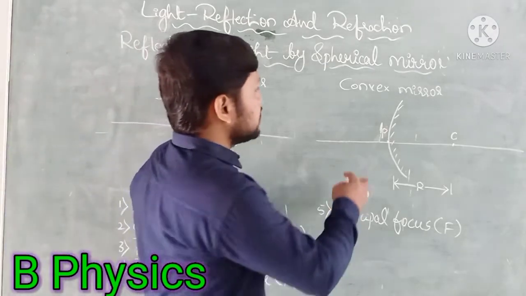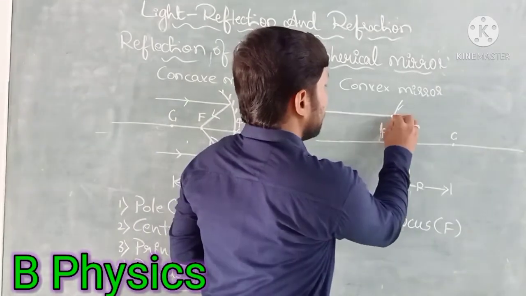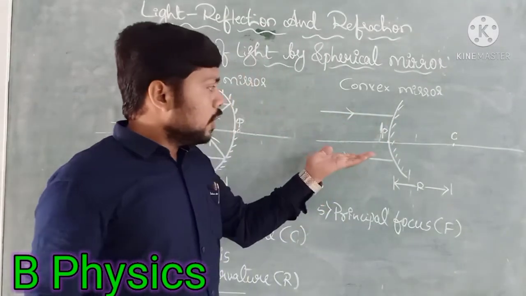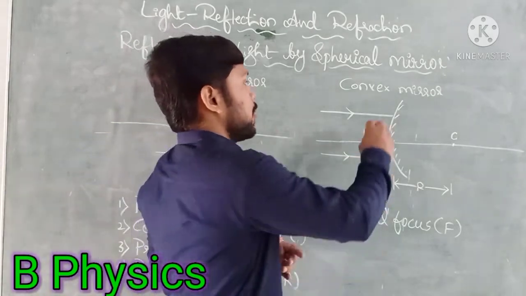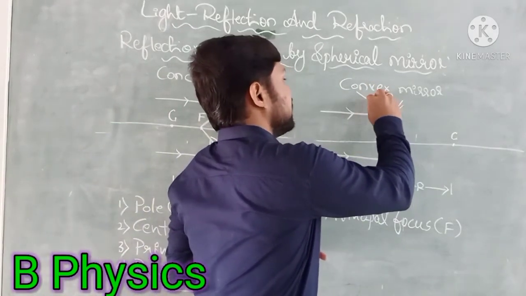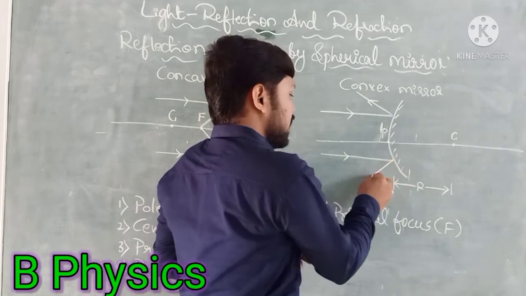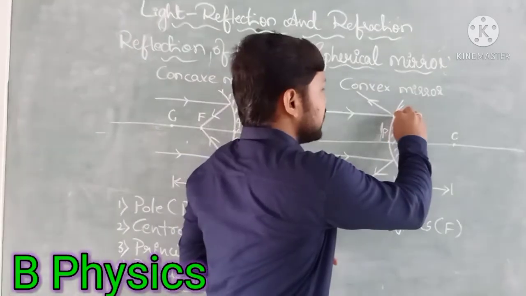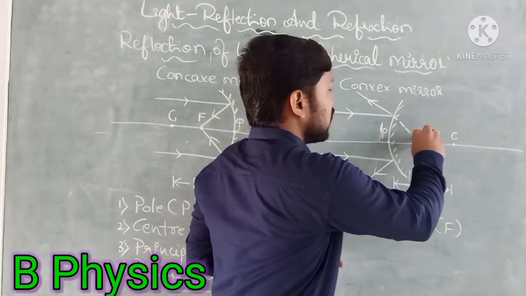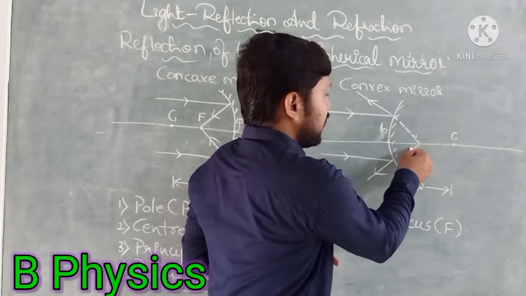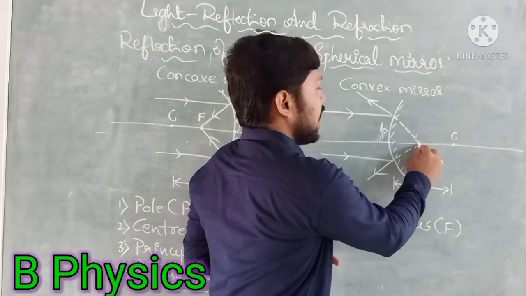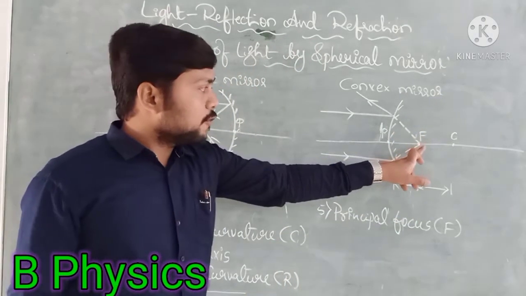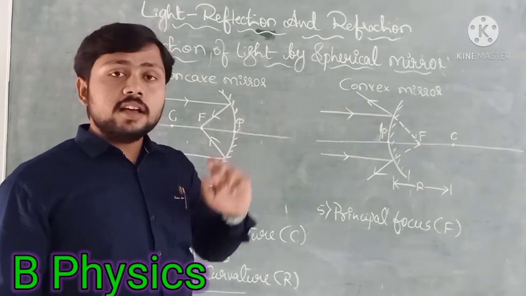Similarly, in case of convex mirror, a number of rays of light which are parallel to the principal axis, after reflection, diverge, and these divergent rays appear to come from a point on the principal axis. So this point is called the principal focus of convex mirror.